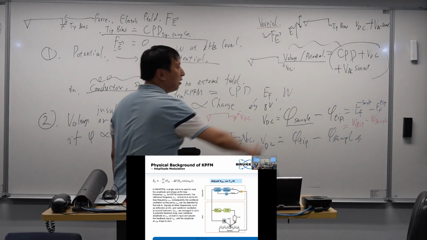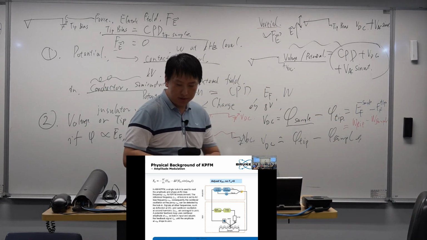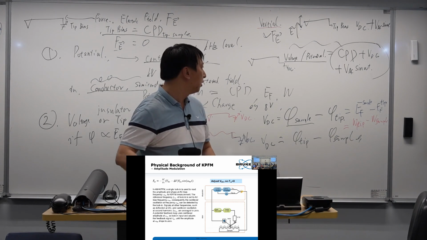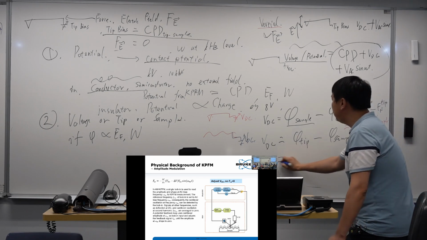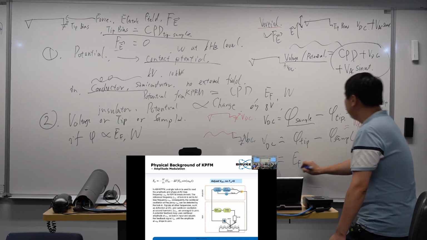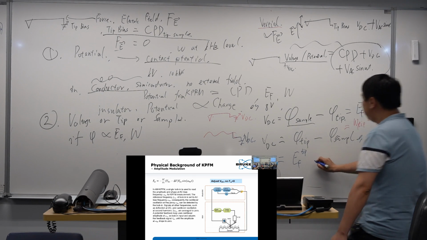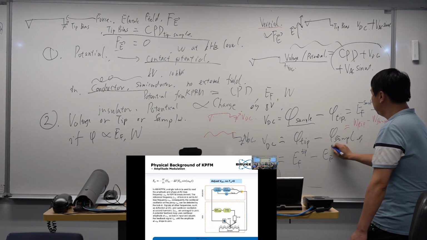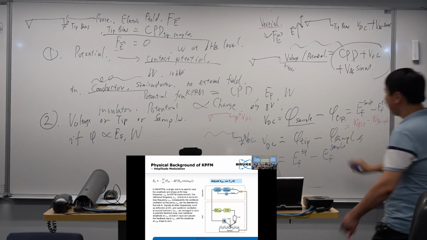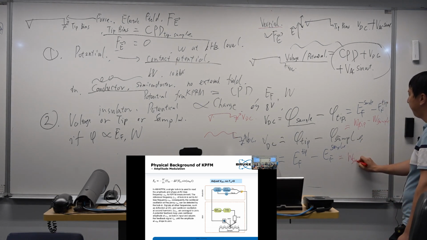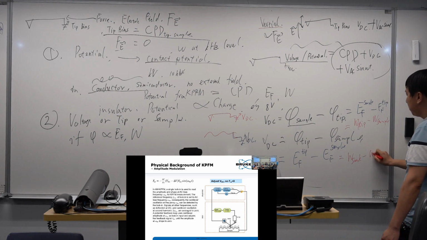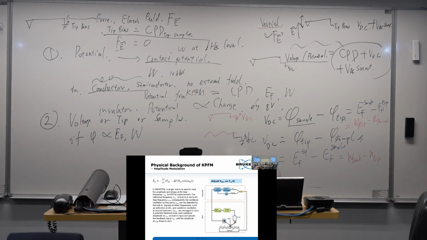Of course, if we apply the voltage on the sample, it will equal the Fermi level of tip minus the Fermi level of sample, which equals the work function of the sample minus the work function of the tip.